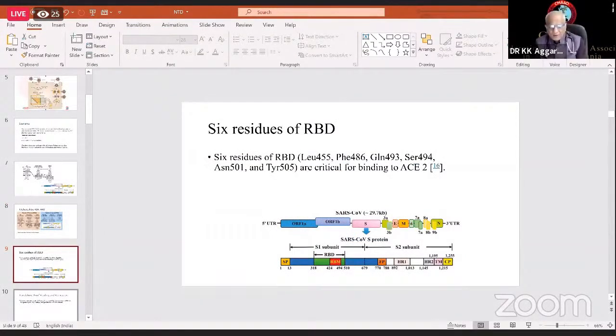Now, we all have been concentrating on RBD, and we say there are 484, 485, 486, 493, 494, 501, 505. They are the critical areas of mutations. So up till now, our focus had been on RBD amino acids at these numbers.